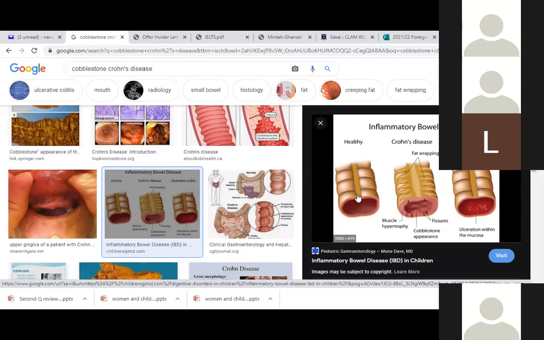You can see how the outside looks normal here, however the outside for Crohn's disease, which is the serosa, doesn't look so normal. And then ulcerative colitis, which we'll be talking about shortly: the outside looks normal, and the issue is just the inside, the mucosa. That's where the inflammation is. Do you get the idea?